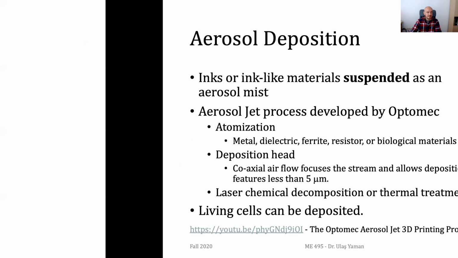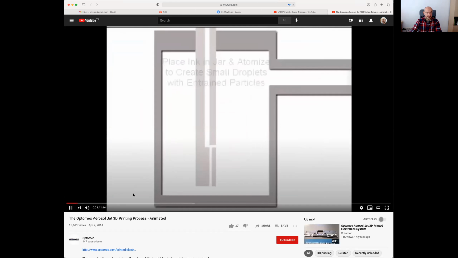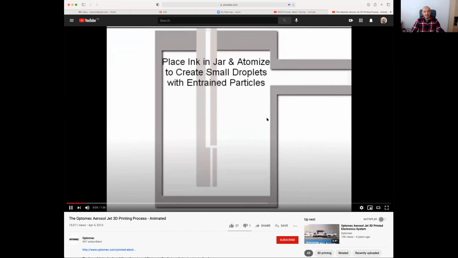Let me share the screen. Yes, this is the aerosol jet process. They have here, as you see, the atomizer. They have an impactor, and this is the deposition head. So we have the ink inside here and some material to be atomized.